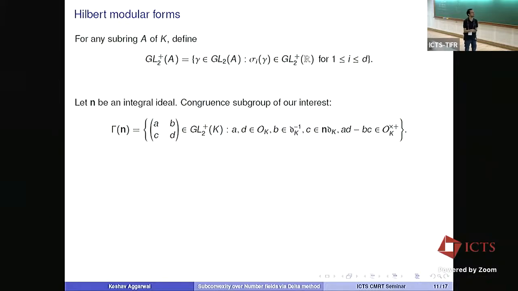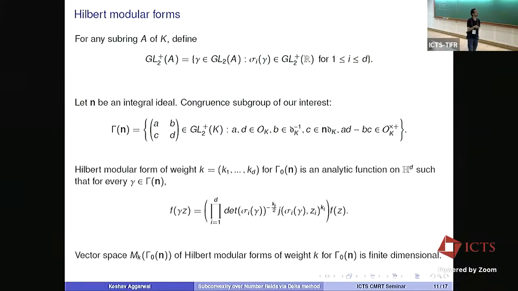And you also want to make sure that the different ideal appears. That's to make sure that the trace lies inside the integers, so you have to take into account this different ideal. That gives you a congruence subgroup, and you are able to define a Hilbert modular form almost as you would for the rational numbers. So once again, please note that I am fixing these embeddings over here.